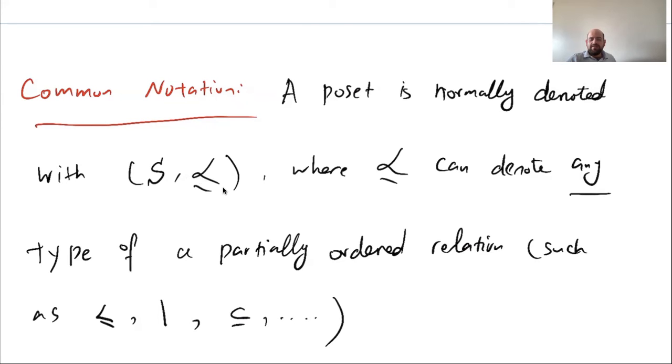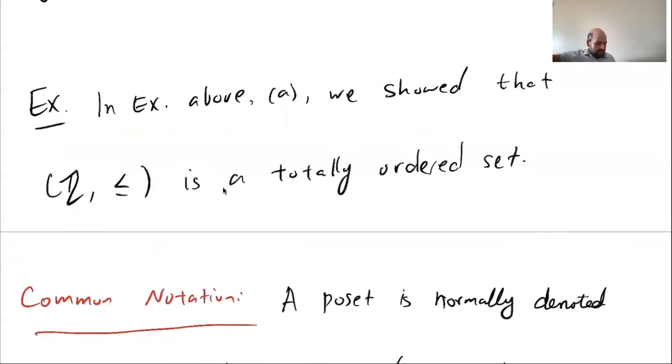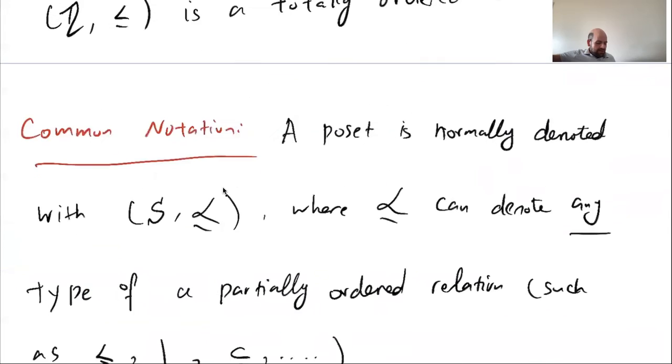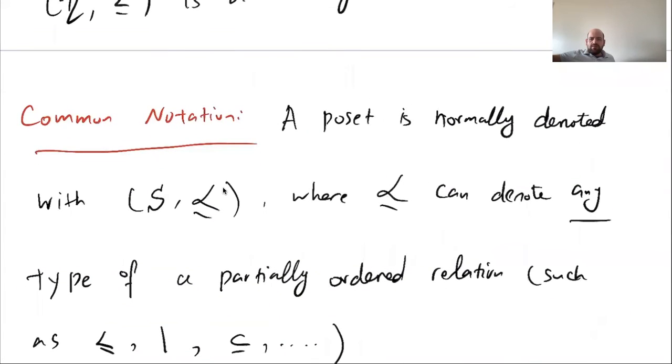I'm hoping that this is not confusing for you. It's just a notation, okay? Previous to this, what did I denote? I denoted a poset with S and R, right? So instead of R, you can put the curly less than or equal. That's it. If it confuses you, whenever you see the exercises or the exam question, just delete this and replace it with R for an arbitrary poset.